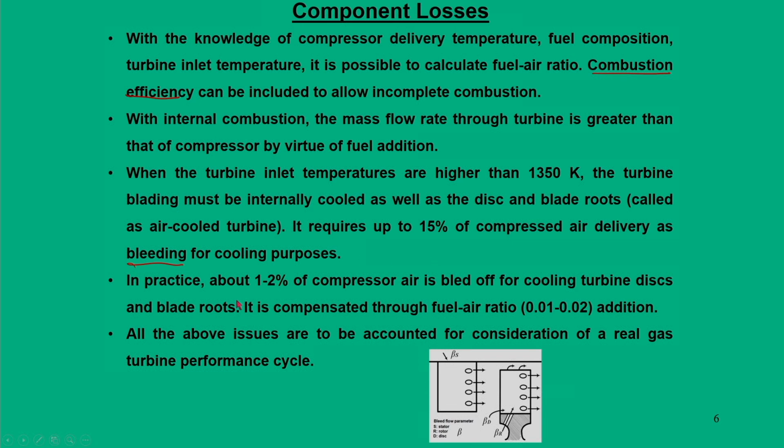Whatever I have discussed, all these issues need to be accounted for, and we call them component losses, and they have to be incorporated in real gas turbine cycles. However, some of these losses we can handle mathematically or by simple changes, and for some we get the information through continuous experimental data. Based on those observations, the losses are quantified.